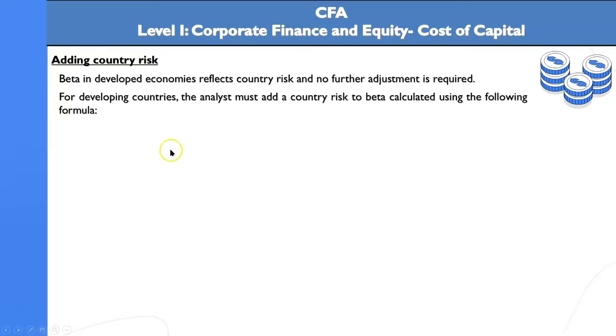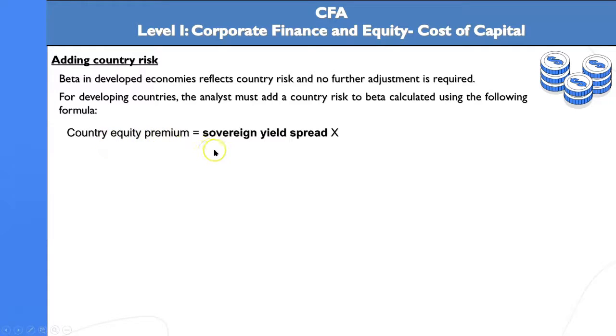If the market in the USA pays 5%, we should pay 6%, 7%, 8%, depending on how risky the country is. What do we call that?